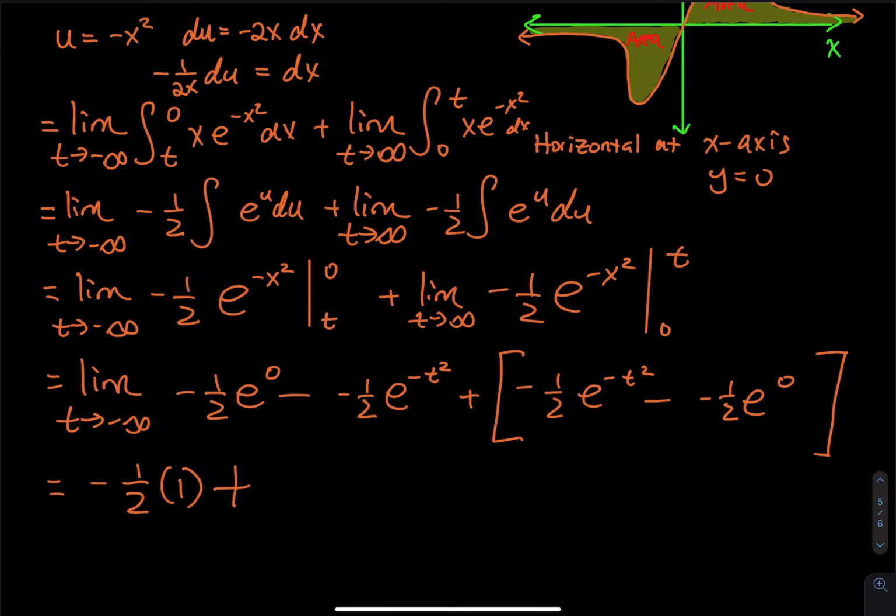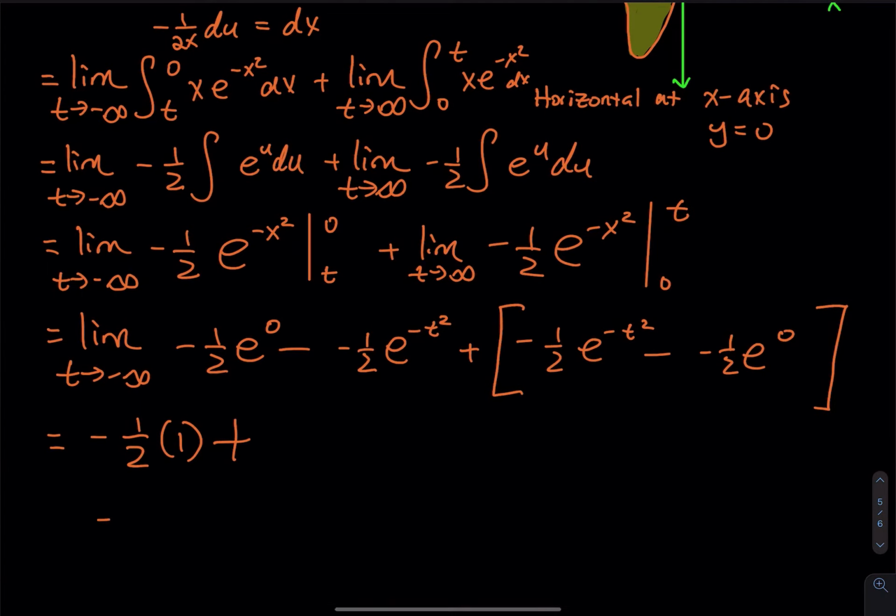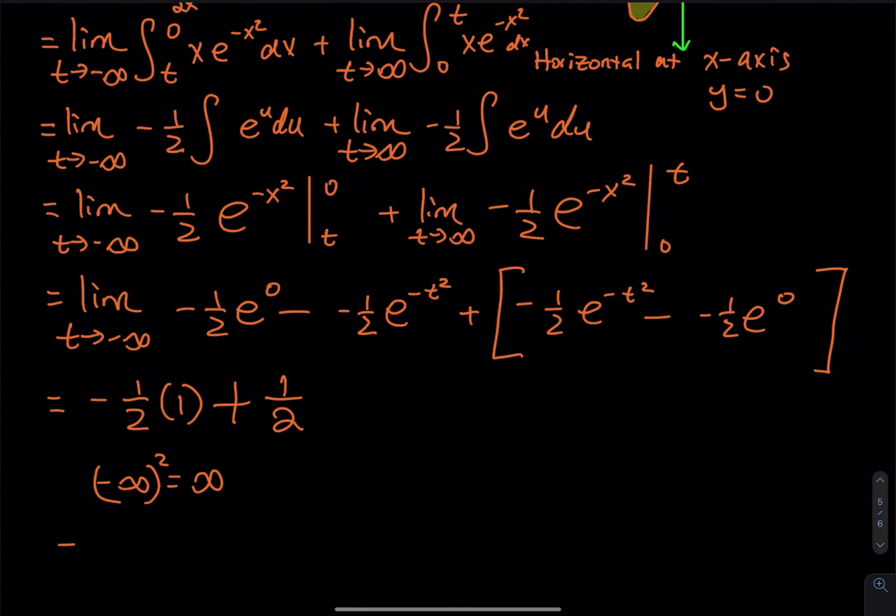So when you think about this, when you plug in negative infinity and then you square that, you get a very big infinity, right? So you have 1/2 e raised to the negative infinity. Here you have negative t squared, and then you have t equals negative infinity.